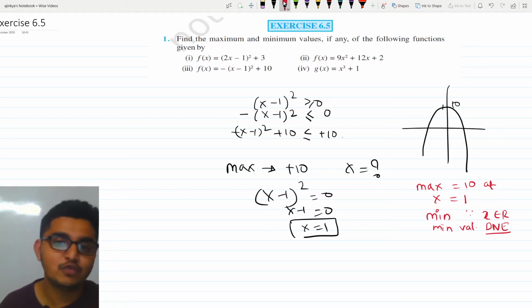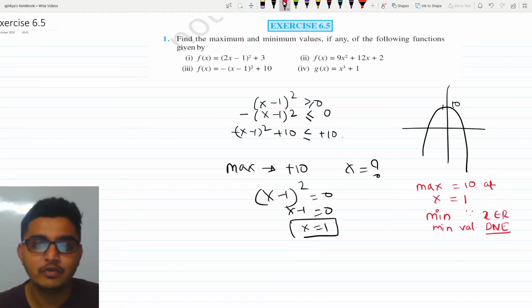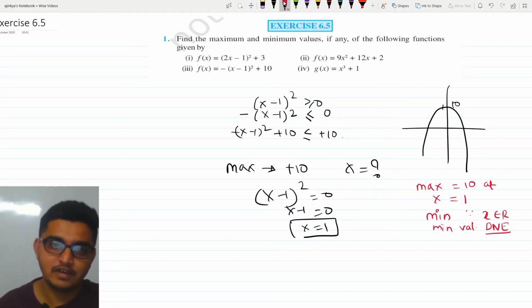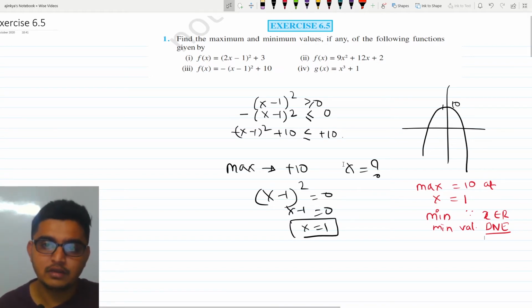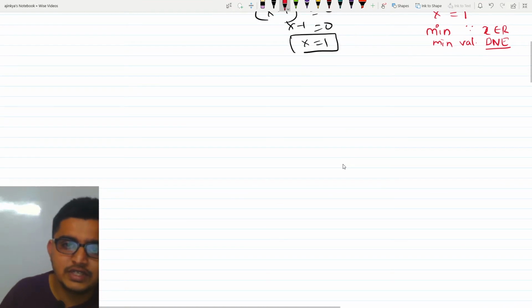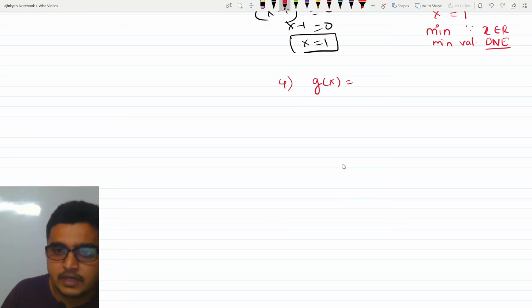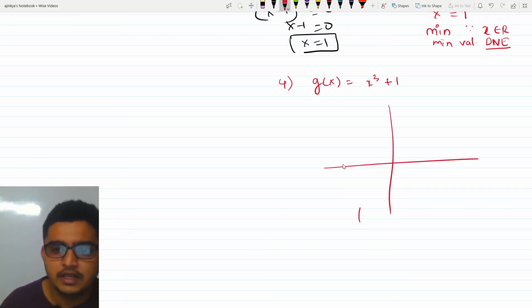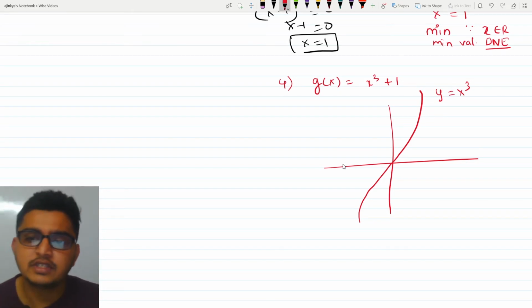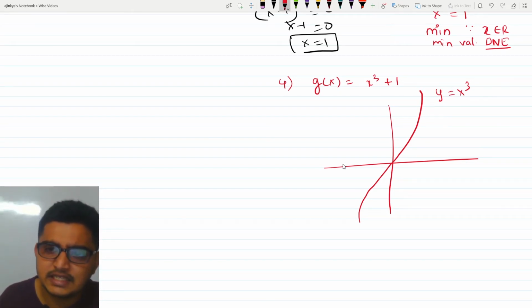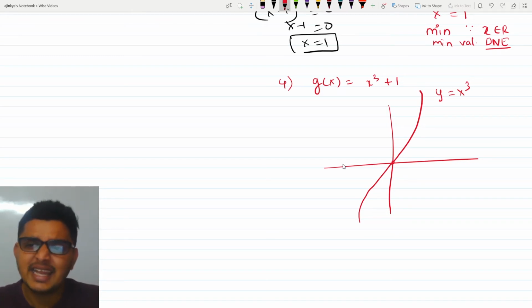So now we'll see the fourth question, and we are going to solve it in a different way by just looking at the graph, right? The fourth question says that g of x is equal to x cube plus 1, and most of us know that g of x, or let's say y equals to x cube, is a function something like this, and you can clearly see that this function has a turning point or a point of interception at x equals to 0.